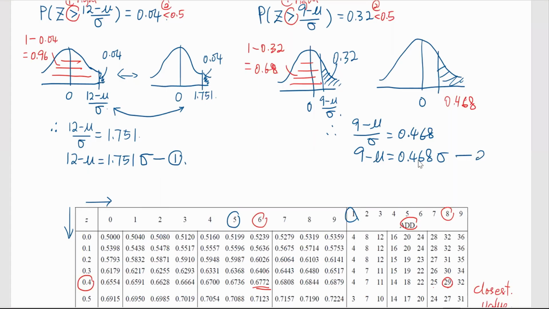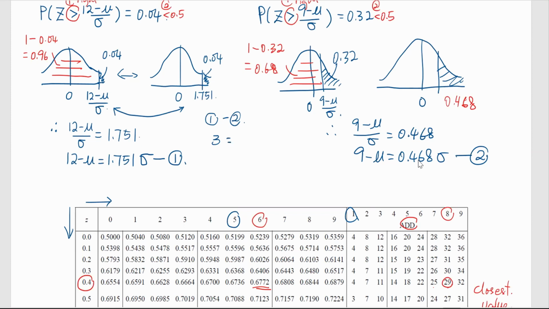All right, so now we have the first and second equations. We can solve them simultaneously. I will take the first minus the second. 12 minus 9 is 3. Minus mu minus mu becomes plus mu, so they will cancel each other off.